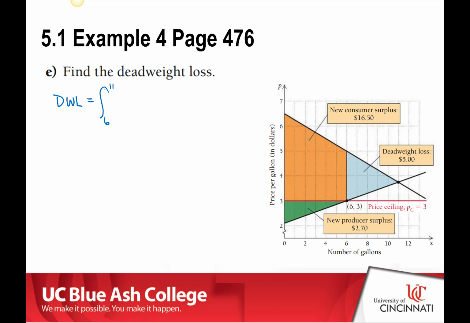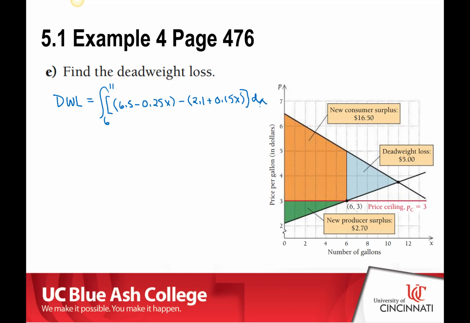In any situation where you want the area between two curves, you always do the upper curve, in this case the demand function, which is 6.5 minus 0.25x, minus the lower function, which is your supply function, 2.1 plus 0.15x.